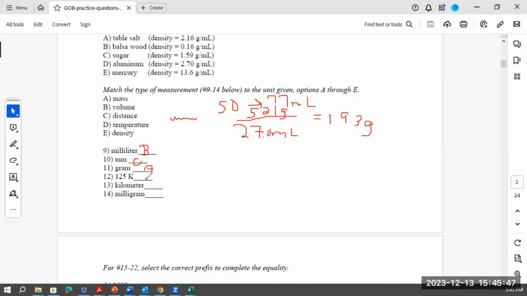Temperature. That's right. That's D as in donkey. And kilometers. That'd be distance. Milligrams. Mass. Okay, so that would be 8.